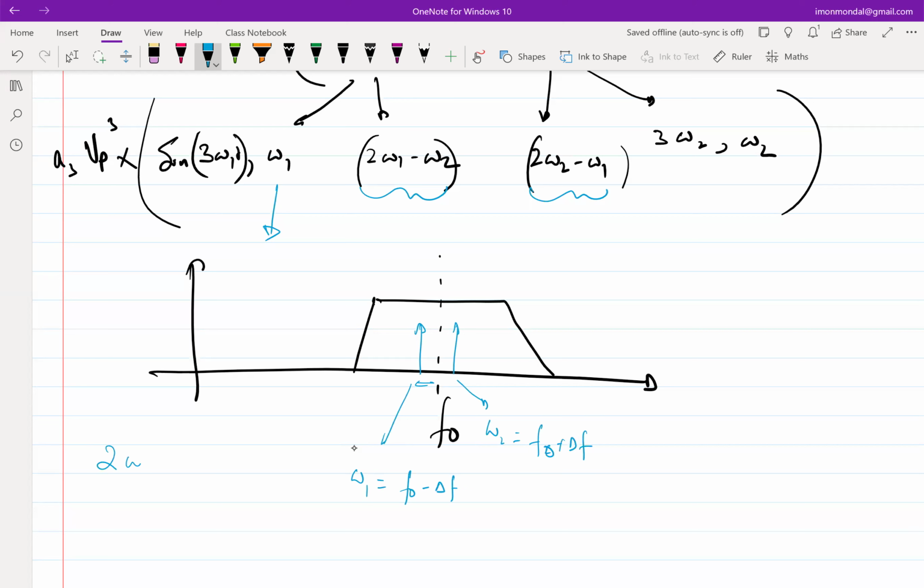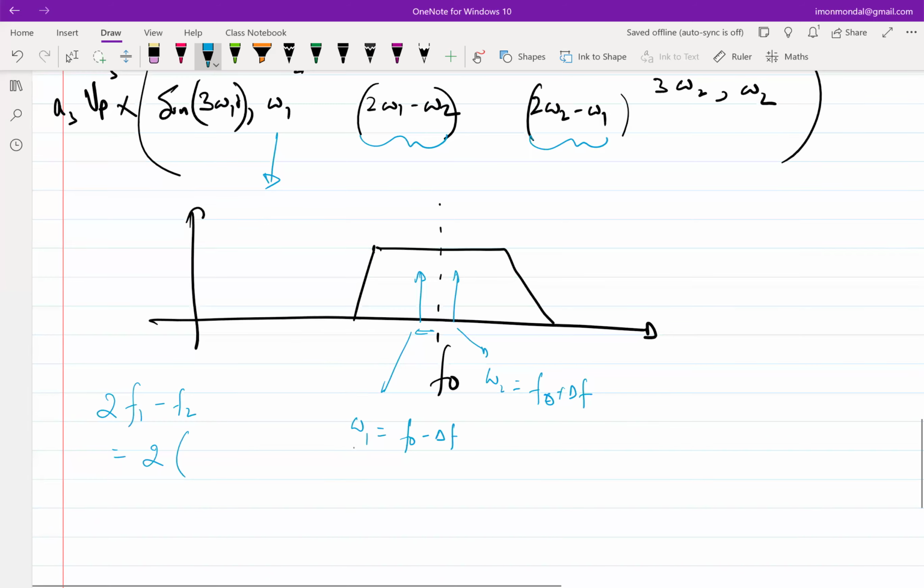So 2 omega 1 minus omega 2 is essentially how much? Twice f1 minus f2, if I write. Twice f1 minus f2 is twice of f naught minus delta f, minus f naught plus delta f, which means this is f naught minus 3 delta f, right?